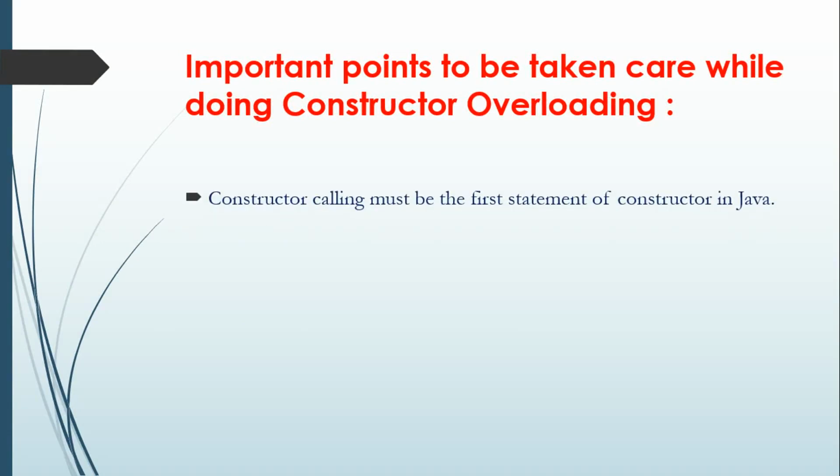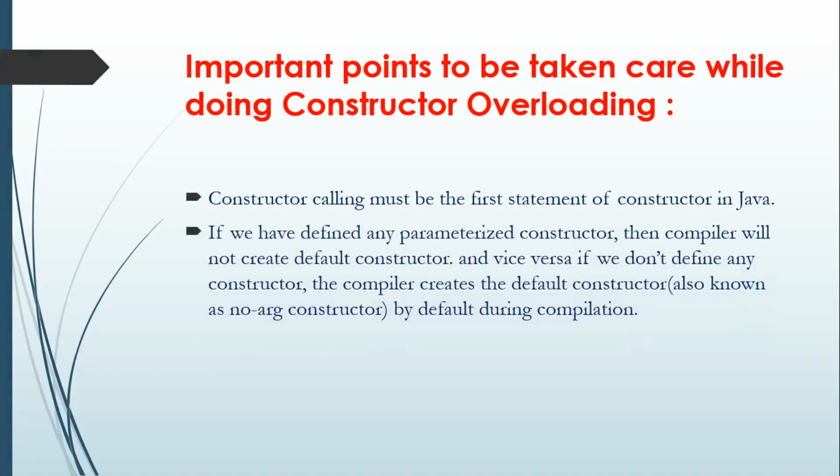Constructor calling must be the first statement of a constructor in Java. If we have defined any parameterized constructor, then the compiler will not create a default constructor, and vice versa. If we don't define any constructor, the compiler creates the default constructor, also known as the no-argument constructor, by default during compilation. Recursive constructor calling is invalid in Java.